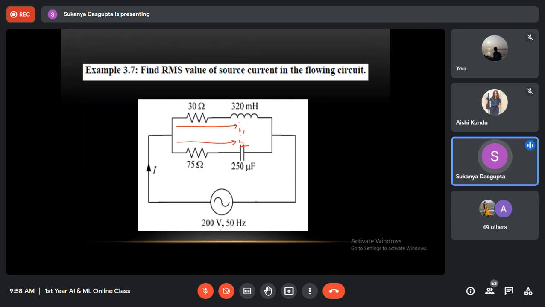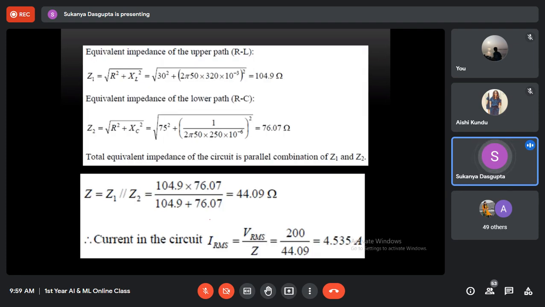That means this 200 is always the RMS value. If it is a peak value, then in the problem it should be mentioned. If nothing is mentioned in the problem, then obviously we'll assume this supply voltage as the RMS value. So IRMS is VRMS by Z, that is 4.535 ampere.